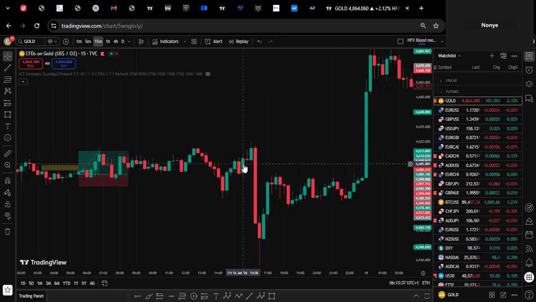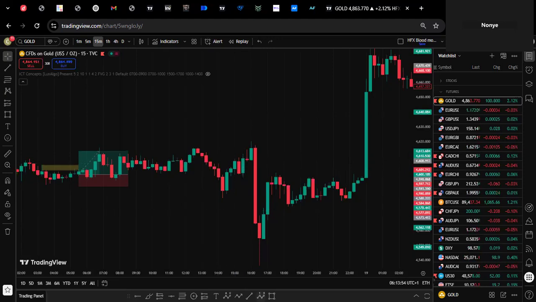This is a mechanical approach. You wait for the first 15 minutes candle, and that's this one. Every 3:30 p.m., that's when the New York market opens.